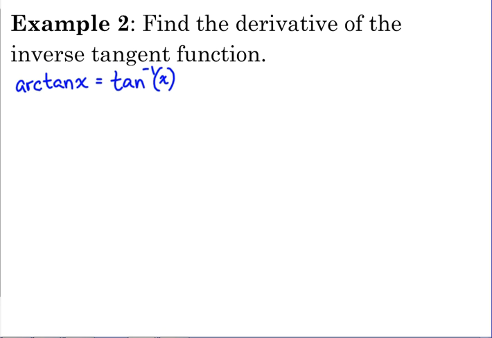What we are going to use is the definition of the inverse derivative. So we are trying to find the derivative of the arctangent. Our function, f of x, is the arctangent of x.